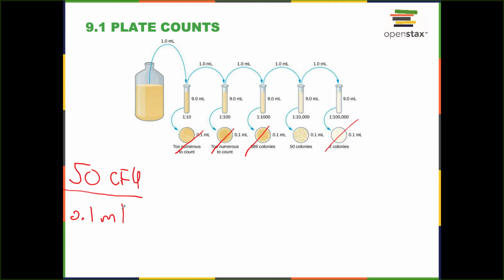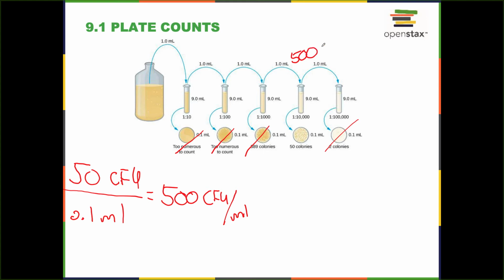Now, things per 0.1 milliliter are impractical, so you simply take your calculator, you take 50, divide that by 0.1, and then what we get is a concentration of 500 CFU per mil. Okay? So that number represents that in this tube, we have 500 CFU per mil.